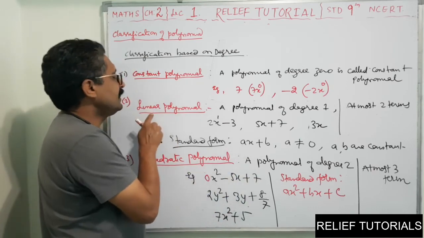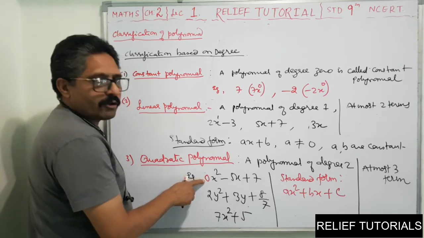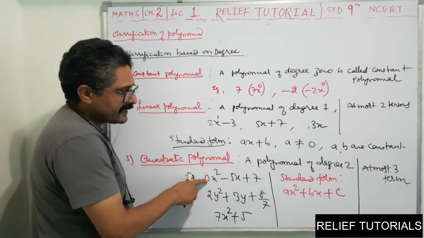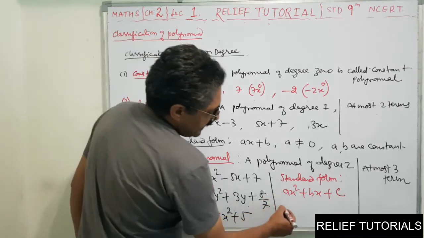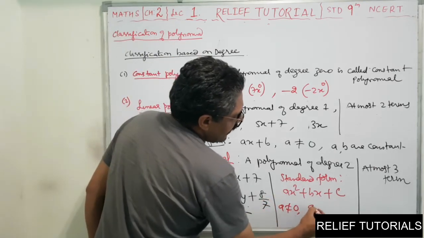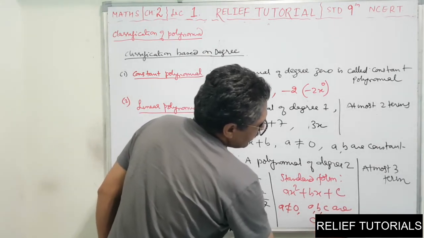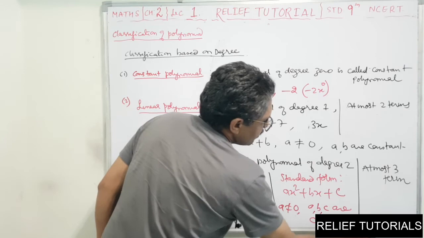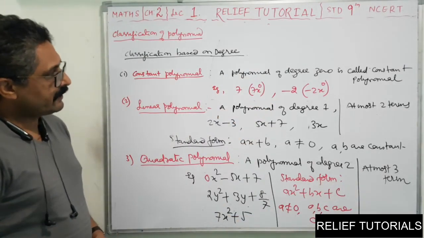So that will now be a linear polynomial. So it is necessary that this a should not be 0. If a is 0, then it will become a linear polynomial. So here a is not equal to 0 and a, b, c are constants and they belong to real numbers except a. Clear or not? A is not equal to 0.